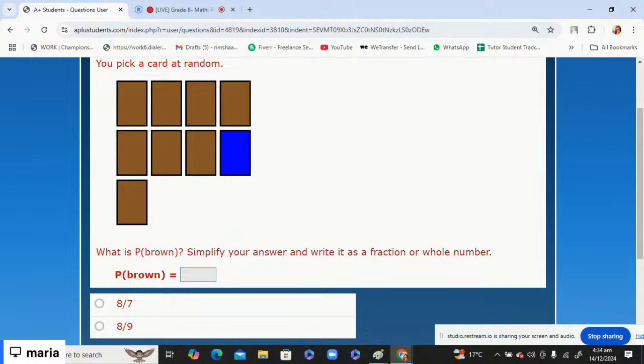First of all, count the total number of cards, putting it in the bottom, and how many are brown, putting it on top. So tell me, how many total cards are there? There are 9 in total, so put 9 in the denominator. And how many cards are brown? That is 8. So 8 by 9 is the probability.